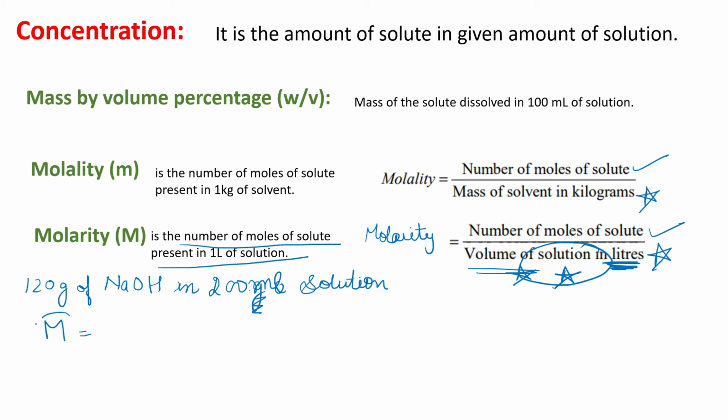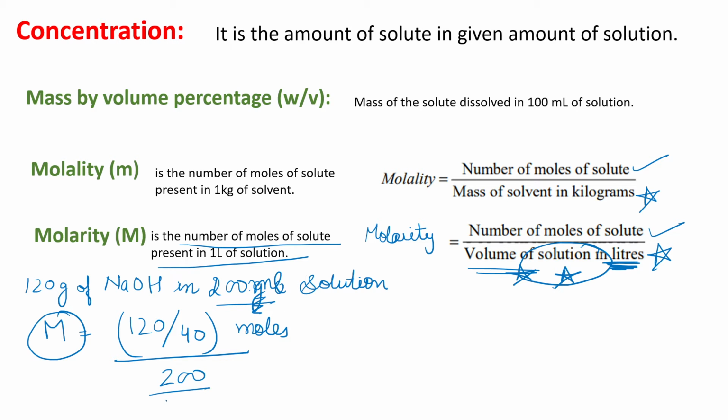Molarity is defined with capital M. So molarity will be number of moles of solute. Moles of solute is weight by molecular weight, and 40 is the molecular weight. Moles divided by volume of solution in liter. 200 ml is the volume of solution. We need it in liter, so we'll divide by 1000.